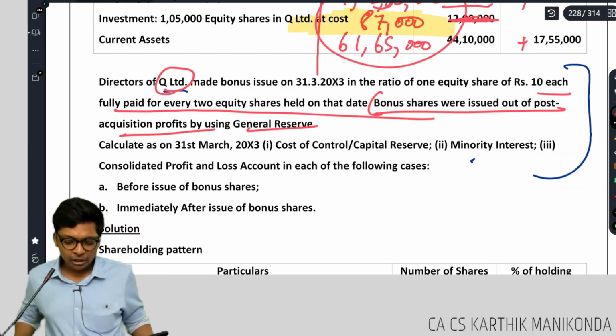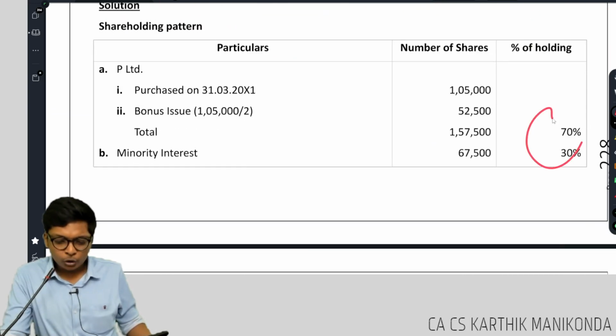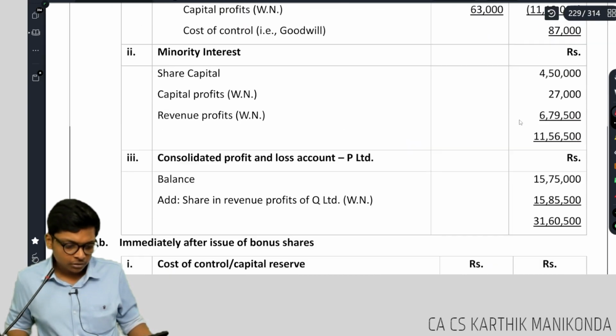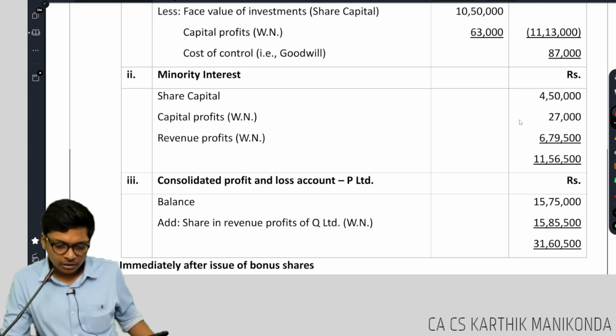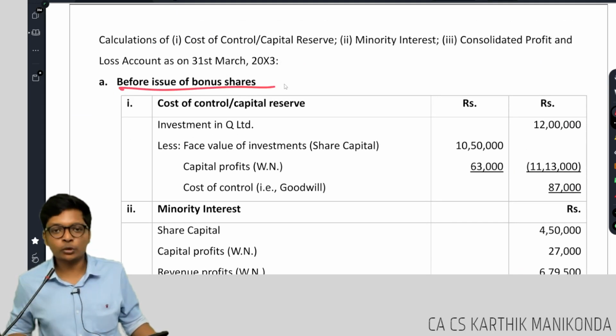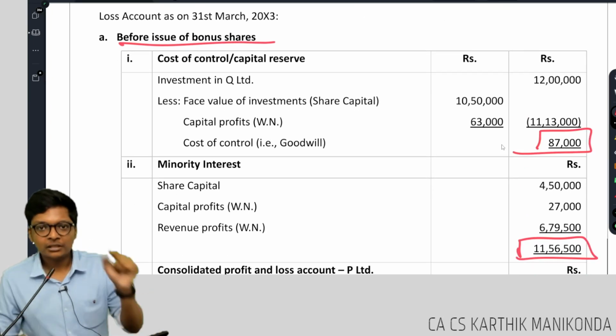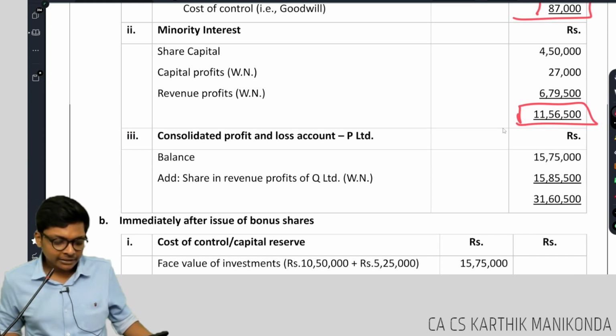Let's go check if minority is 11 lakh 56 in our answer. 70-30 is what you guys got. Yes. So minority 11 lakh 56,500. This is before issue of bonus. And before issue of bonus, did we get goodwill 87,000? Yes. I'm just checking the answer. Then reserves and profit, this is revenue reserve.